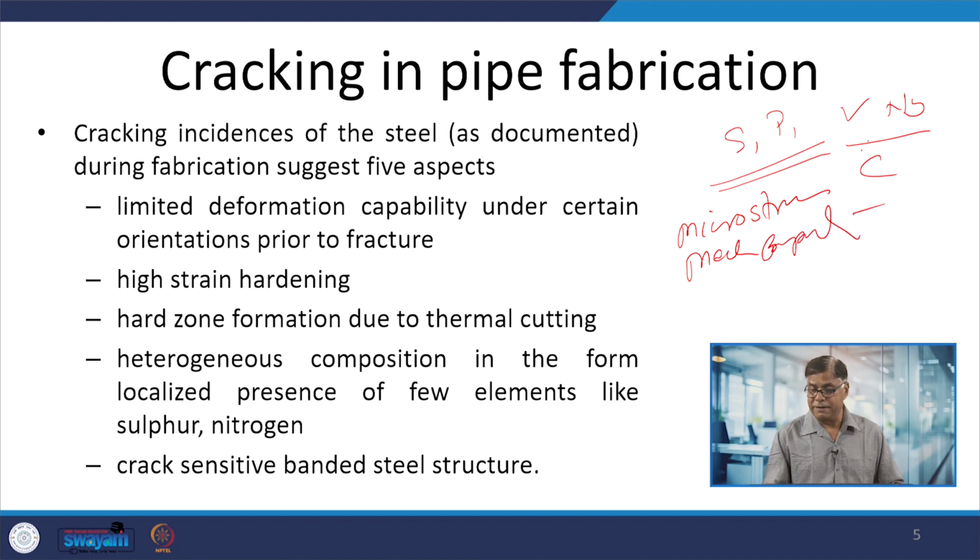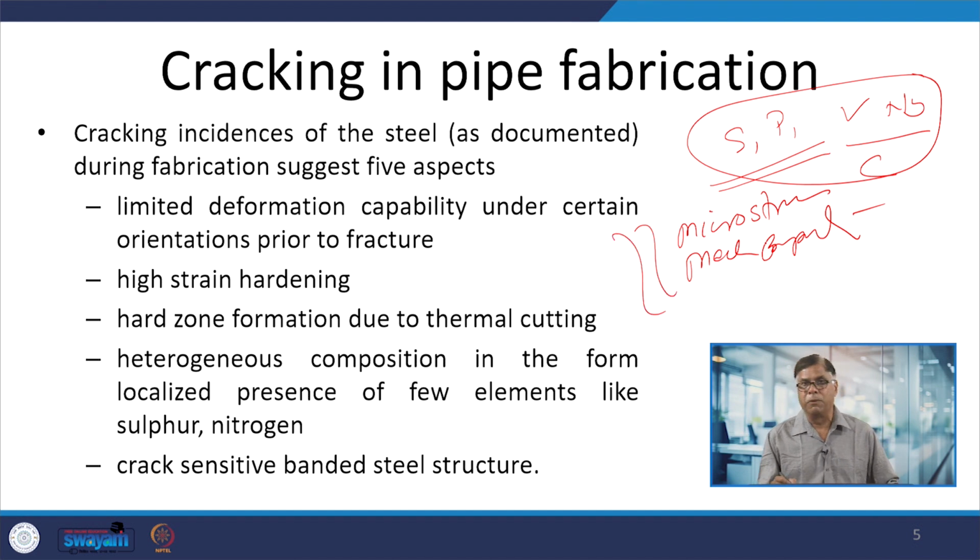And if this localization of certain impurities is happening, this will make the steel more sensitive to cracking, more embrittled. Okay. Like the presence of nitrogen and sulfur deteriorates the ductility and makes the steel more brittle.